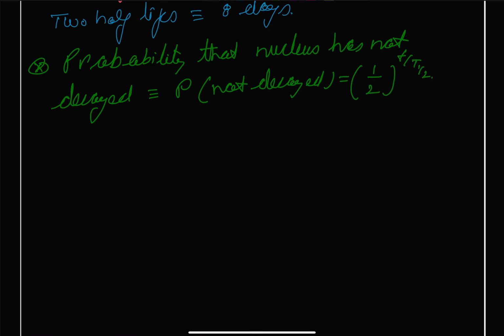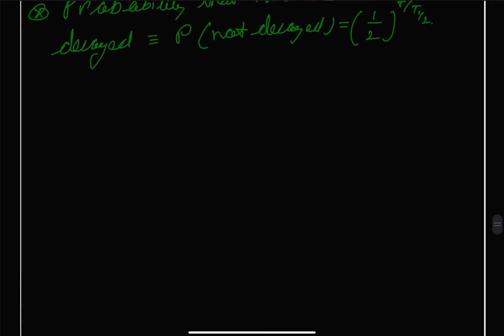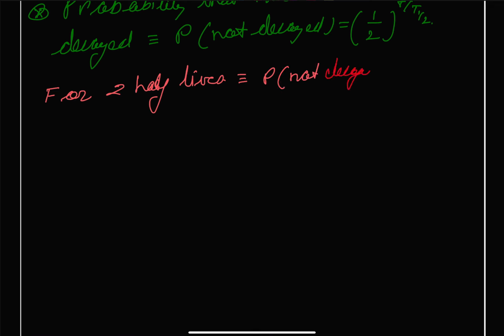So for two half-lives, P not decayed will be equal to 1 by 2 whole raised to the power 2, which gives us 1 by 4.